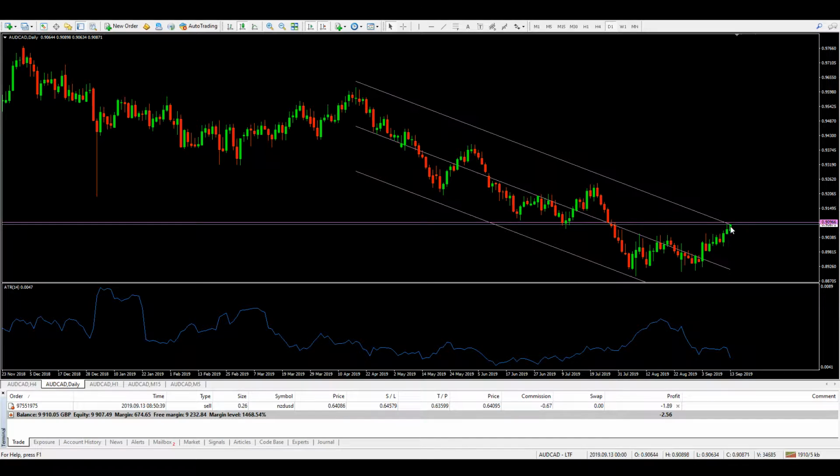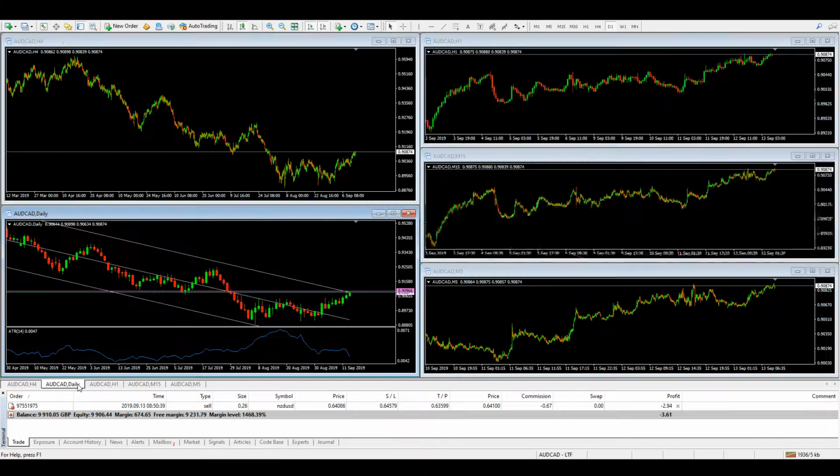So at the moment, this is definitely something I'm bearish on, but it'd be a case of waiting until next week to make any decisions on this. We'd want to see today's candle have trouble moving higher still than this level, and then on Monday or into early next week start to see these lower time frames roll over, start to show lower lows and lower highs, and that could give us a nice entry.